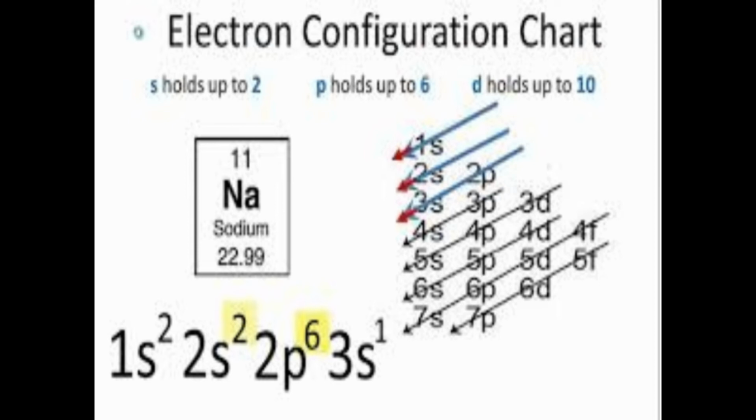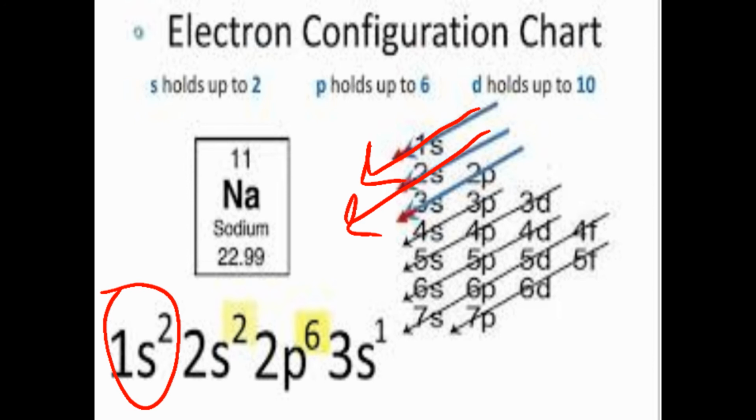So the first 2 electrons will be dropped in 1s. So it becomes 1s2. Then out of 11 we are still left with 9 electrons. Then the next place is 2s. Again, s subshell can hold up to 2 electrons. Again we place 2 electrons in it. Now out of 11, 7 electrons are left.